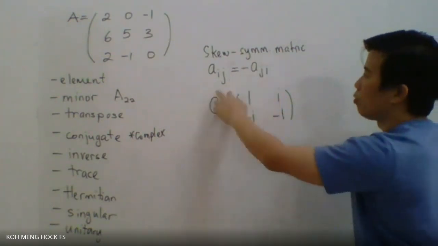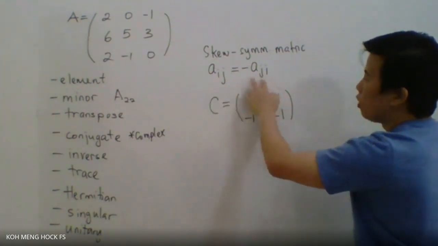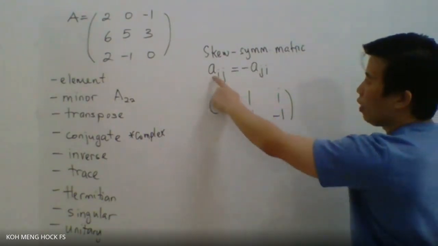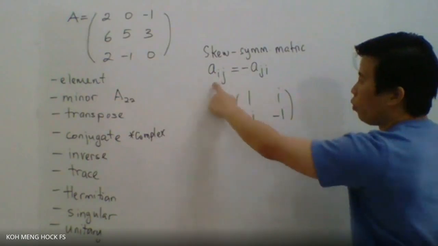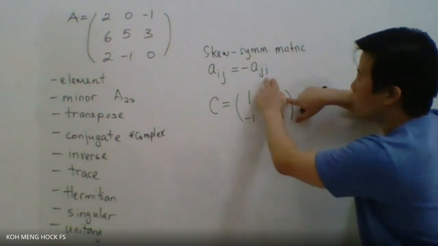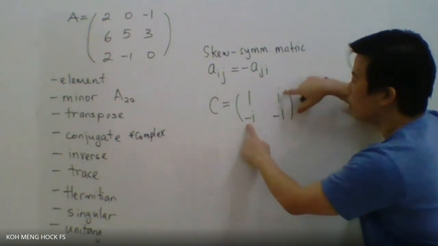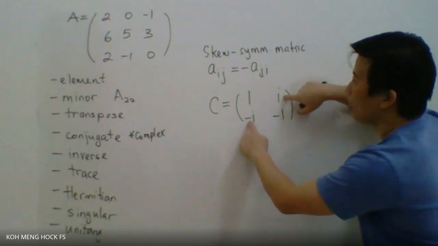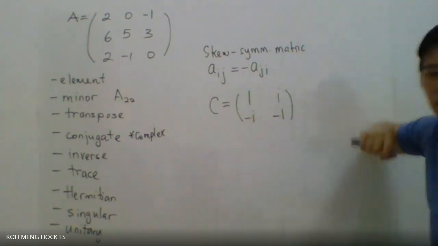But if you change 1 2, so i equals 1, j equals 2, then you look at A12, row number 1, column number 2, and you change this to 2 1, row number 2, column number 1, so it's this one. Here you see this is i, this is minus i, which fulfills this one. Therefore, C is a skew matrix.